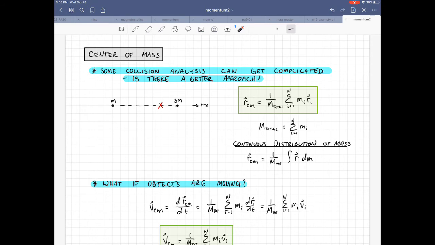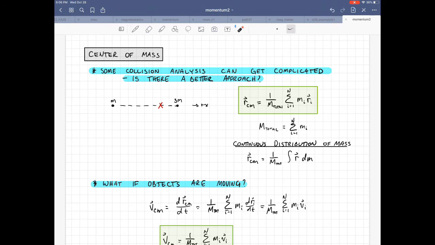So some collisions, the analysis can get a little bit complicated, and it turns out there are ways to simplify this if we alter our approach of how we set up the problem. And so the thing I want to introduce is something known as the center of mass.